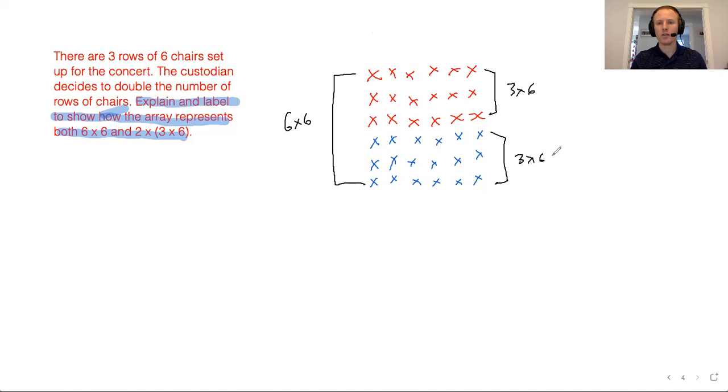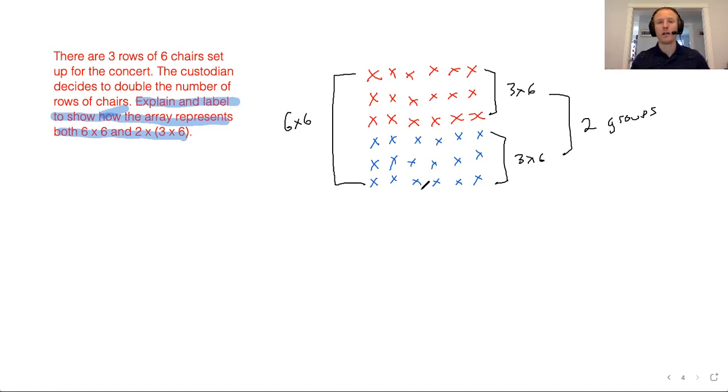You could say 2 groups, like 2 groups of 3 by 6, 2 sets of 3 by 6. And then you would go on and write a sentence about this. You'd say, you could think of this both ways. You could think of it as 6 rows of 6, or you could think of it as 2 groups, each 3 by 6.